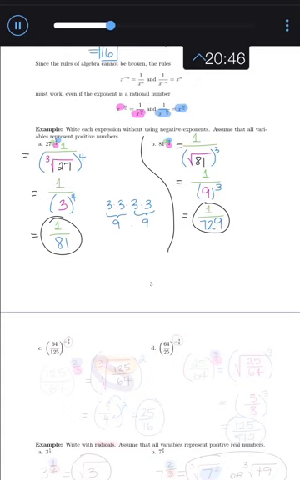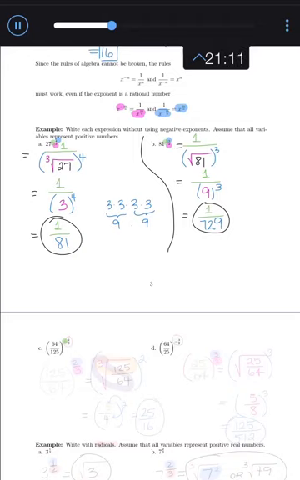Now the question becomes, what do I do when I have a negative exponent on an entire fraction? Well, a negative exponent on an entire fraction means the negative exponent will go on the top and the bottom. So whatever was on the top with the negative exponent would move to the bottom, and whatever was on the bottom with the negative exponent would move to the top.